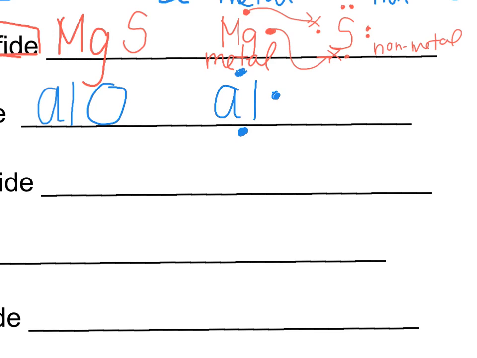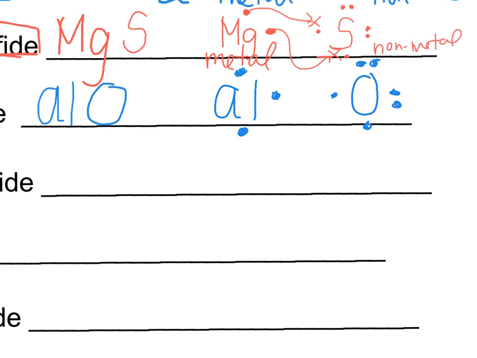So aluminum has 3 valence electrons on its outer shell, and oxygen under the number 16 there, and we've already done one with 6 as well before, sulfur, and let's draw 6. 1, 2, 3, 4, 5, 6.